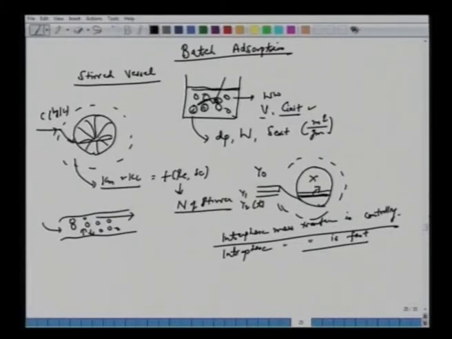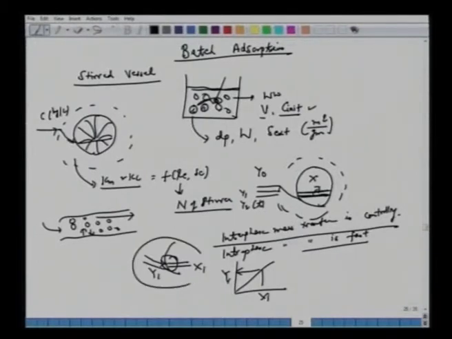But there is only one concentration level inside, and at the solid surface, whatever concentration we have, say Y1, we have the corresponding X1, given by this isotherm. Next time, if it's Y2, the solid concentration has increased to X2, and we have another point on the isotherm. So every time the liquid phase is in equilibrium with the solid surface.